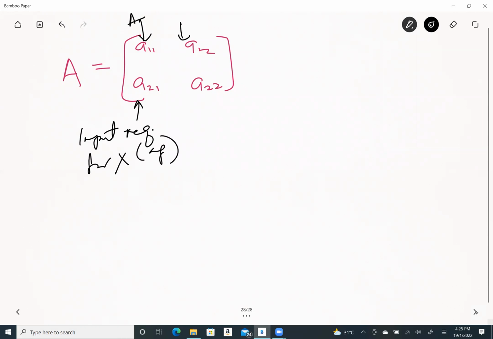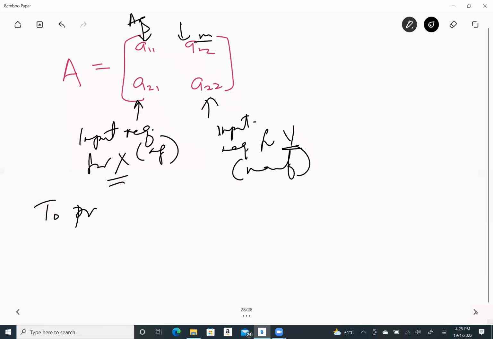This is agriculture, this is manufacturing. And here will be the input requirement for Y, which is manufacturing. That will depend on what X and Y are. Now, what do you mean by input requirement? That means to produce 1 unit of X, in this case agriculture.